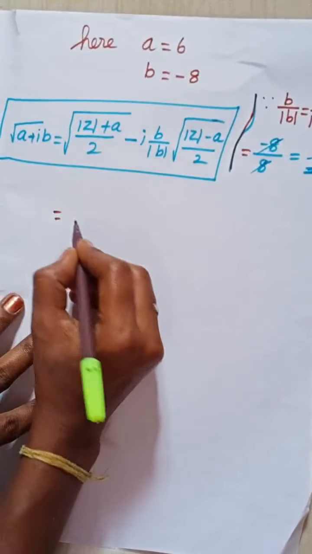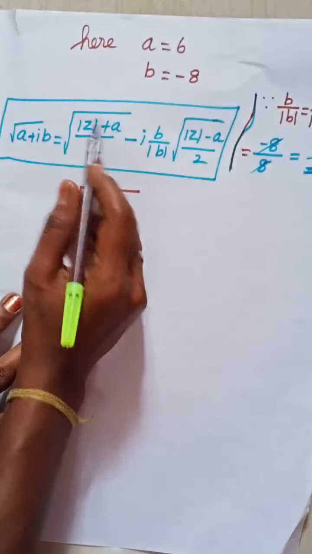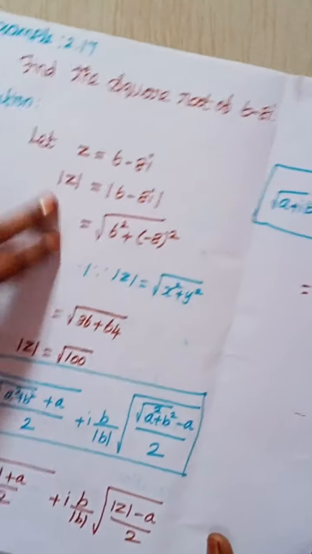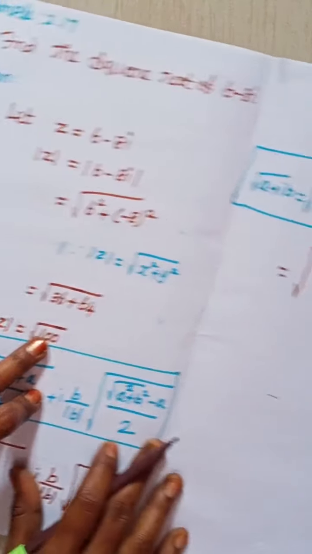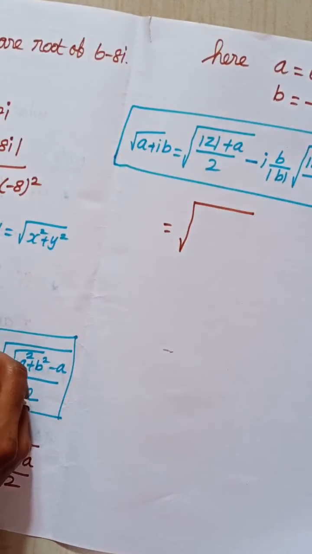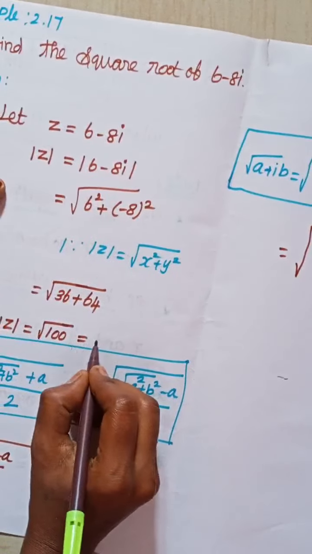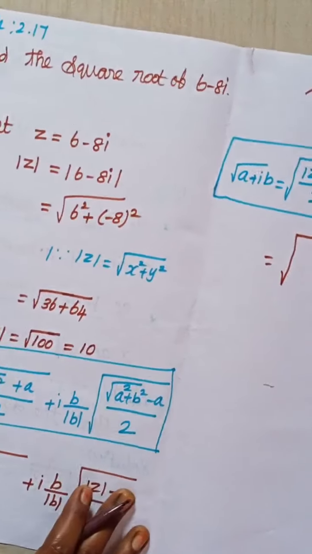Now write the modulus value. We found modulus z is square root of 100, which is 10.